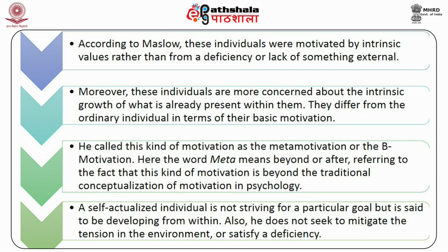Moreover, these individuals are more concerned about the intrinsic growth of what is already present within them. They differ from ordinary individuals in terms of their basic motivation. He called this kind of motivation meta-motivation, or B motivation.